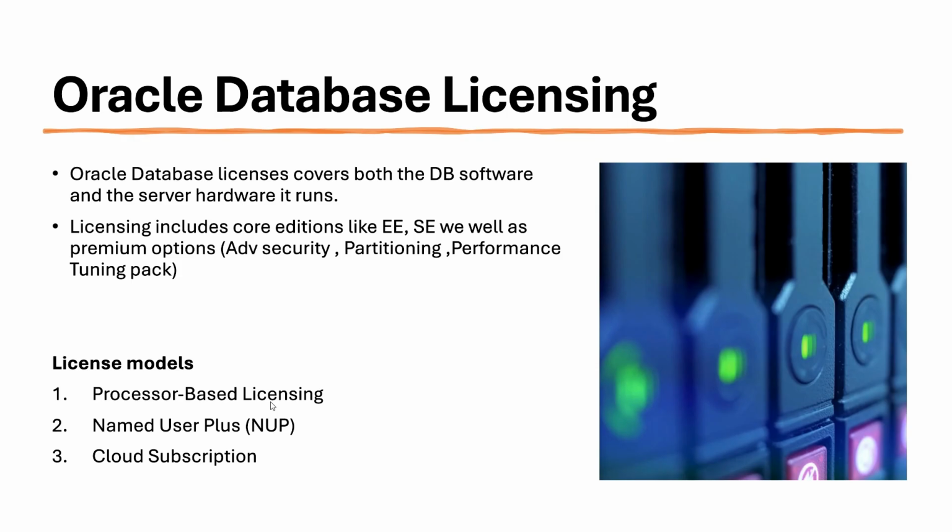So in this process based licensing is based on the number of processors. Okay, so number of processors in the meaning CPU cores. How many CPU cores you have, based on that this licensing will be decided.